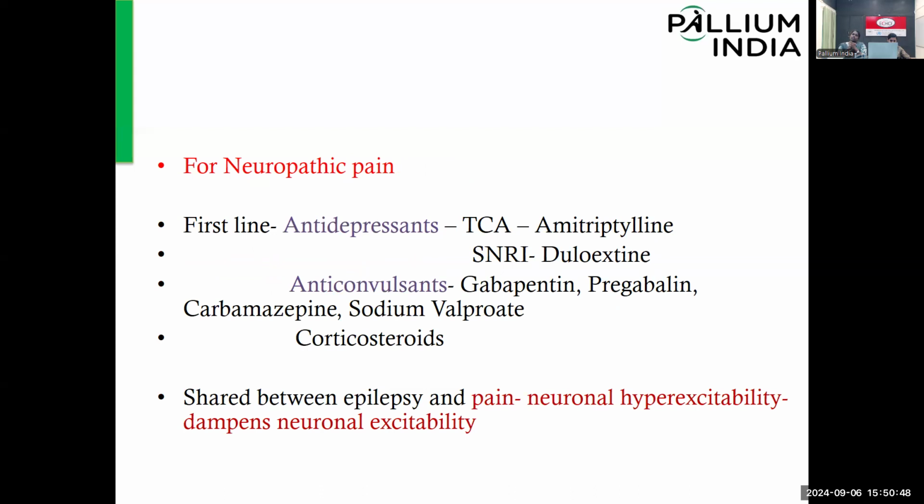Usually, advise patients to take it at 7 o'clock or 6:30 p.m., because these medicines cause drowsiness or sleepiness during the early morning hours. So if the patient takes this medicine late at night, the patient complains of severe drowsiness and sleepiness during the morning time. So advise the patients to take it earlier, that is at 7 p.m. or 6:30 p.m. And it has some side effects also.